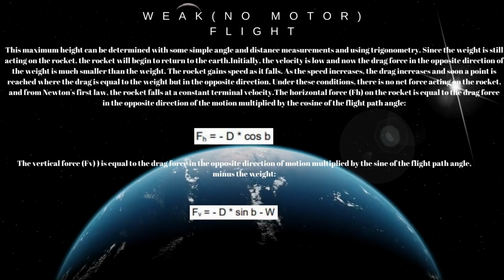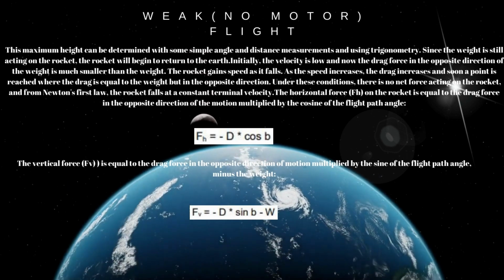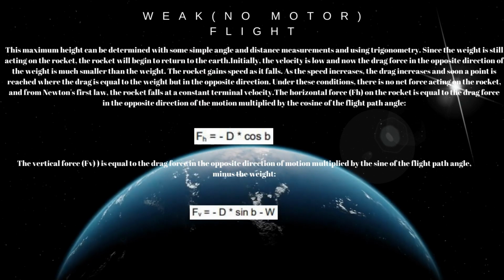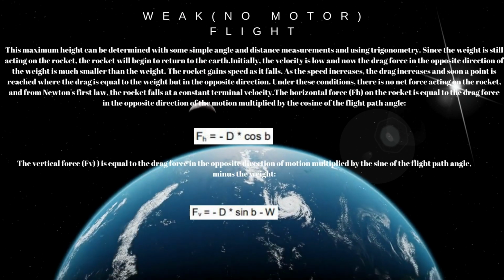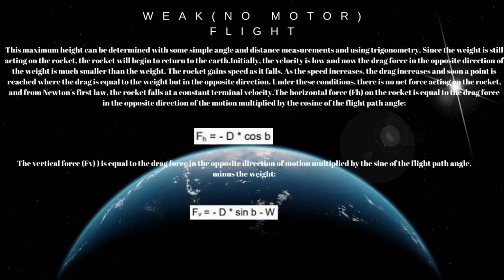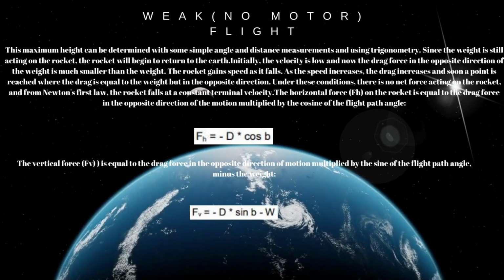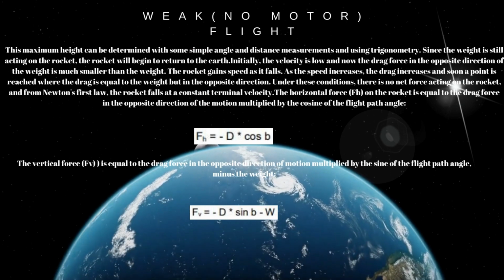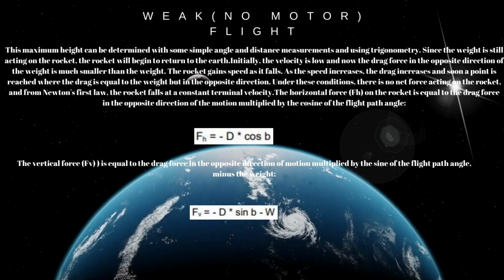The horizontal force on the rocket is equal to the drag force in the opposite direction of the motion multiplied by the cosine of the flight path angle. And you can see the equations, and the vertical force is equal to the drag force in the opposite direction of the motion multiplied by the sine of the flight path angle minus the weight.